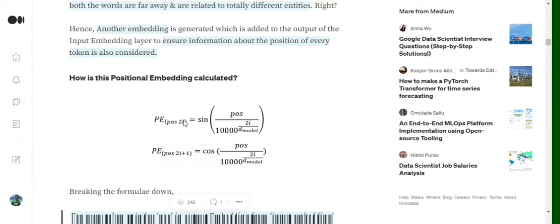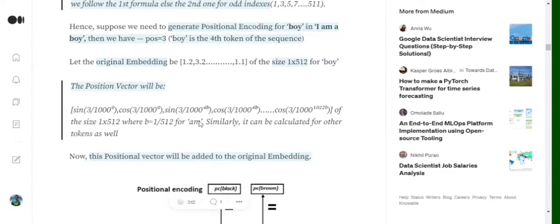For every even index in the positional encoding, we would be using this formula, and for every odd index in the positional encoding, we would be using this formula. So it's a difference of sine and cos, and eventually this will help us to generate a positional encoding for a particular token. Let's see with an example.